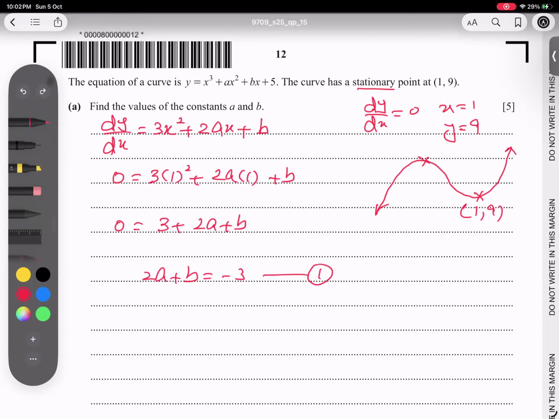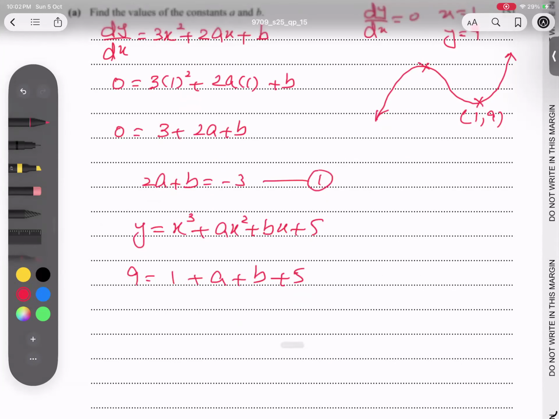Now, does this point lie on this curve? Yes. So 9 will go in the place of y, and 1 will go in the place of each x. So y is 9, 1 cube is 1, 1 square is 1, b, plus 5. So I'm getting here a plus b, this 6 will go there, becomes 3.